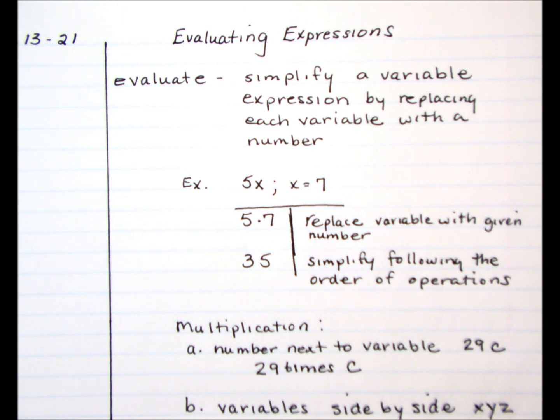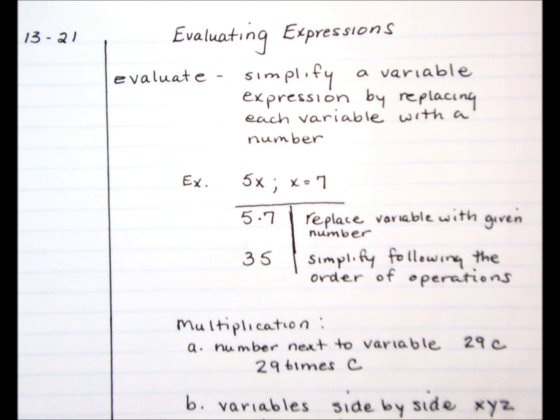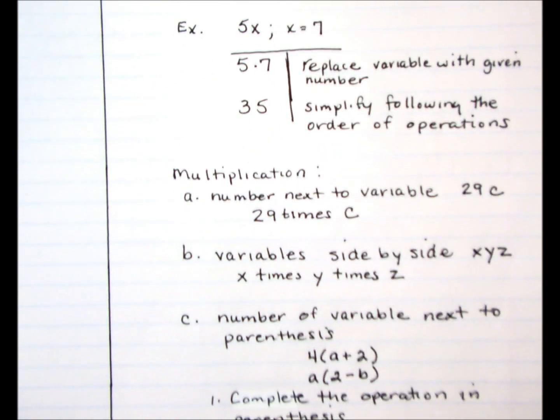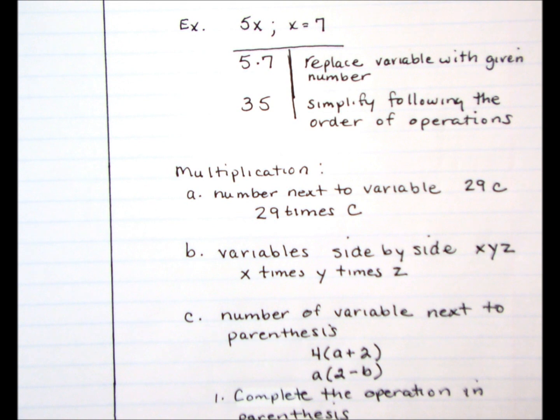Remember that a number beside a variable, like 29c, means 29 times c. So you would replace c and then multiply it out. If there are variables side by side, like x, y, z, then it would be x times y times z. So you'd replace each variable and multiply them.